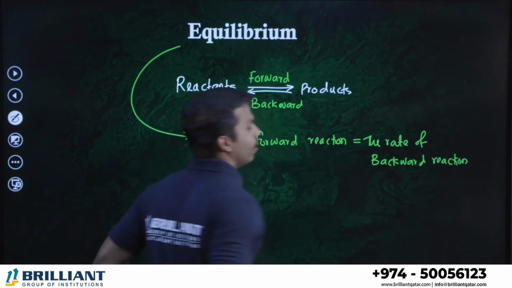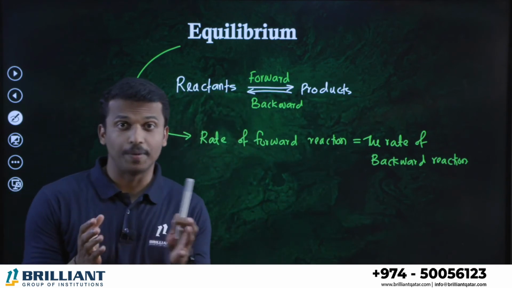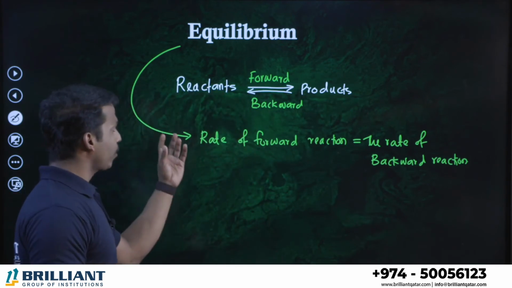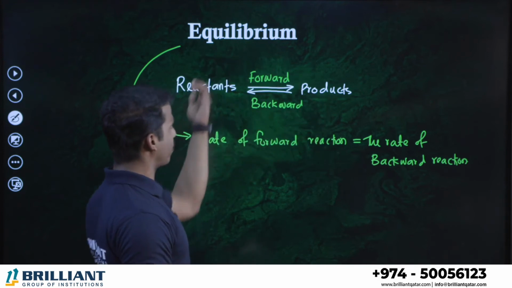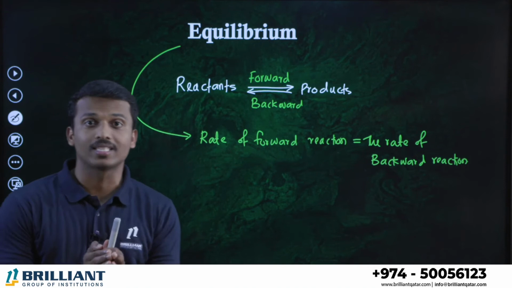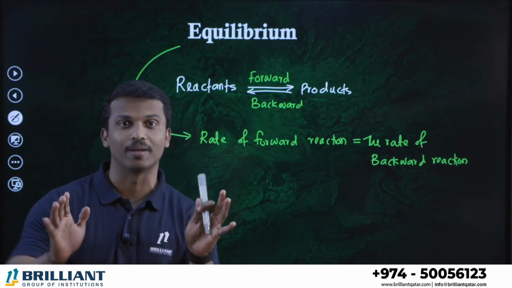What's the meaning of rate? Rate means speed of a reaction. Correct. So when the rate of forward reaction is equal to the rate of backward reaction, you can say the system is in an equilibrium state.